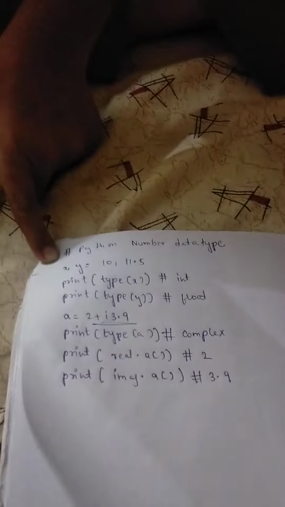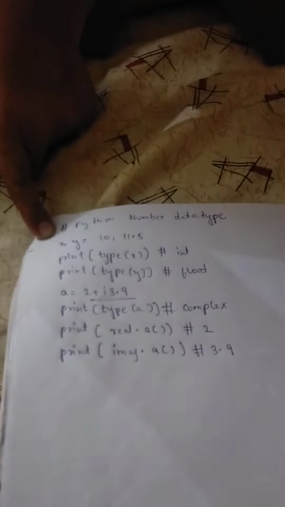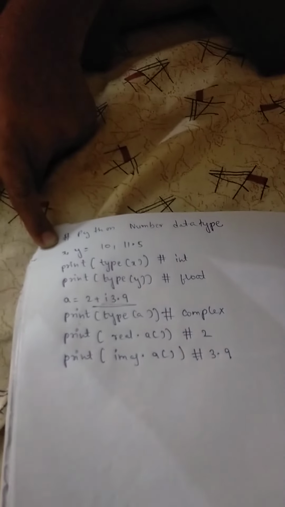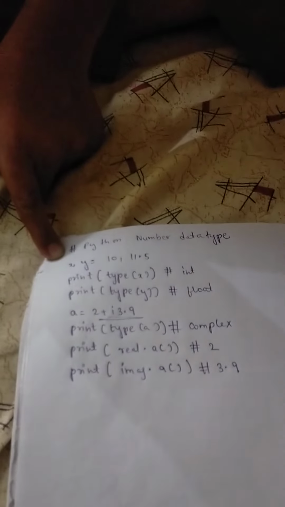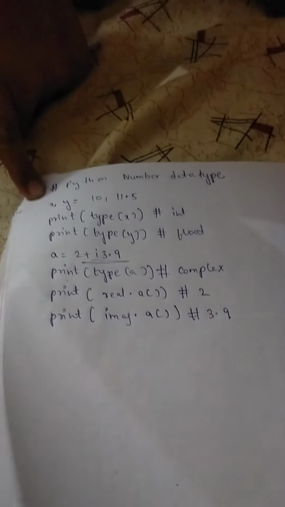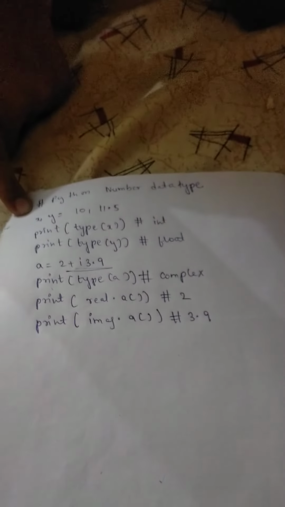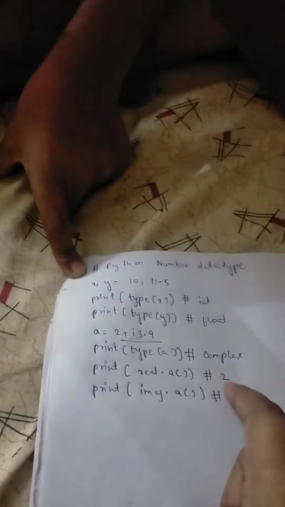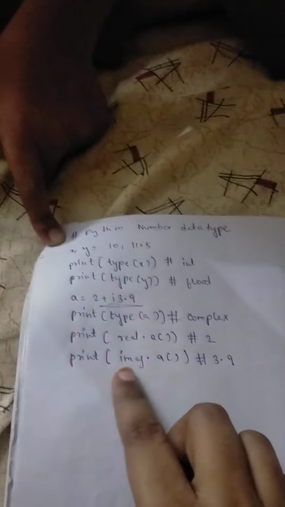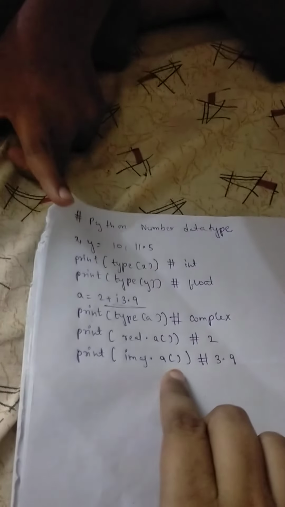If you want to access the real part and imaginary part of a complex number, the syntax to access the real part is a dot real, and the syntax to access the imaginary part is a dot imag. After print a.real is executed, we will get 2, and after print a.imag is executed, we will get 3.9.